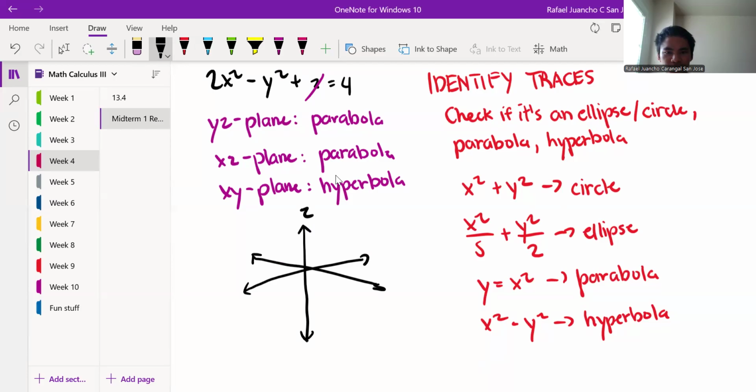The xz plane is also a parabola. And then here it's a hyperbola in the xy plane. Actually, no, I think it needs to be exact, right?